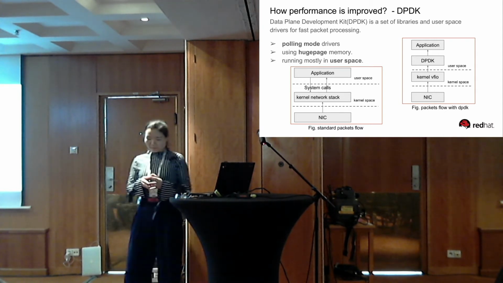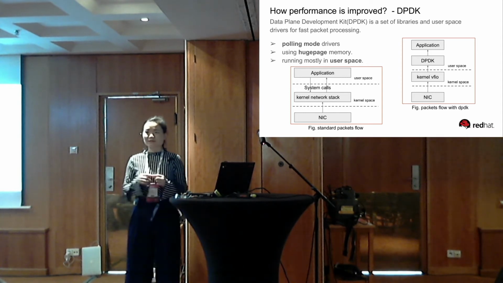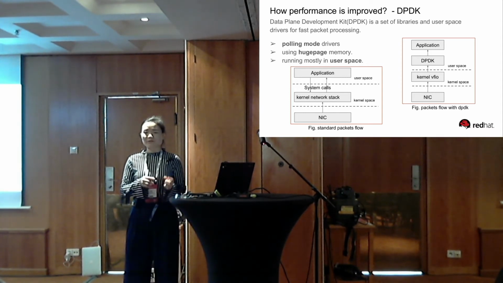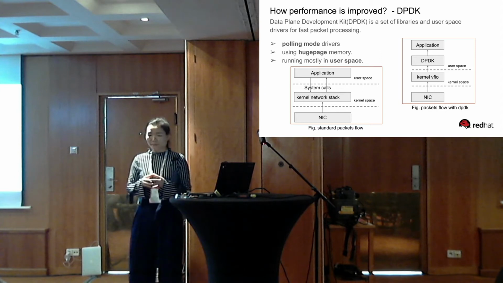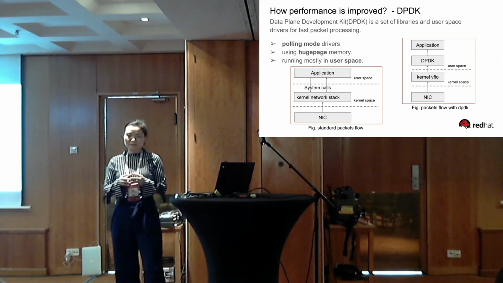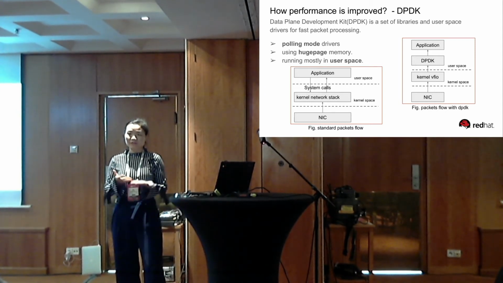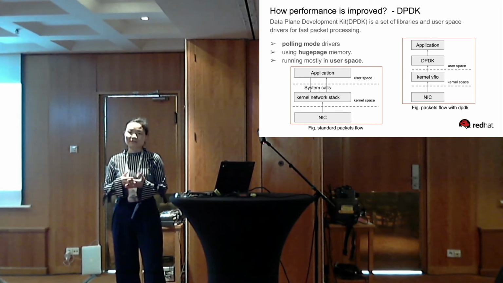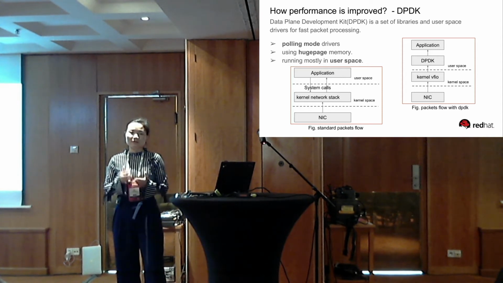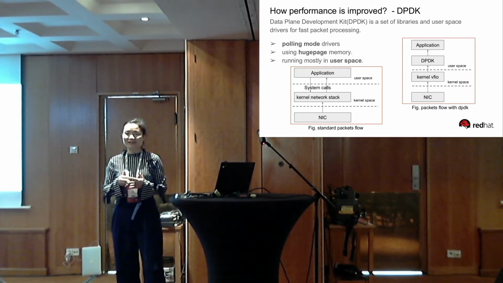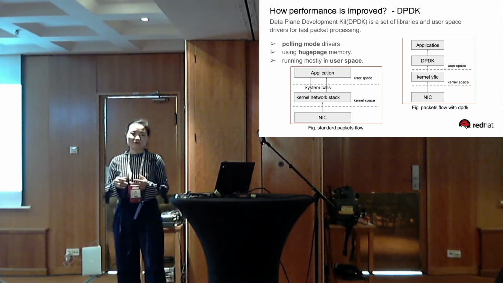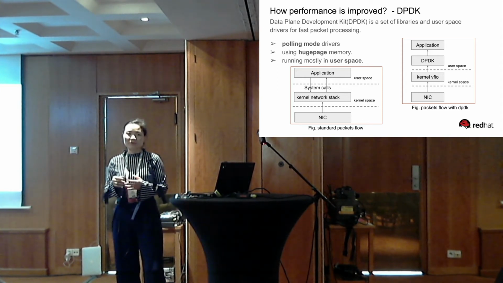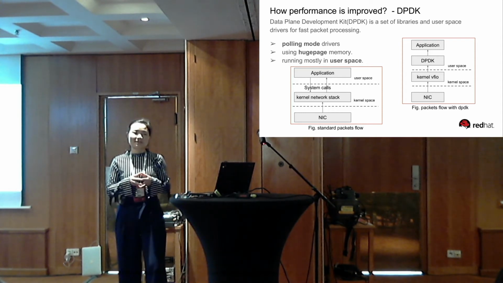So let's compare the standard Linux kernel driver and the DPDK. With the standard Linux kernel driver, when the packet arrives at the network card, it goes through the Linux network stack, and the user's application gets this packet by system calls and copies the memory from the kernel space to the user space.